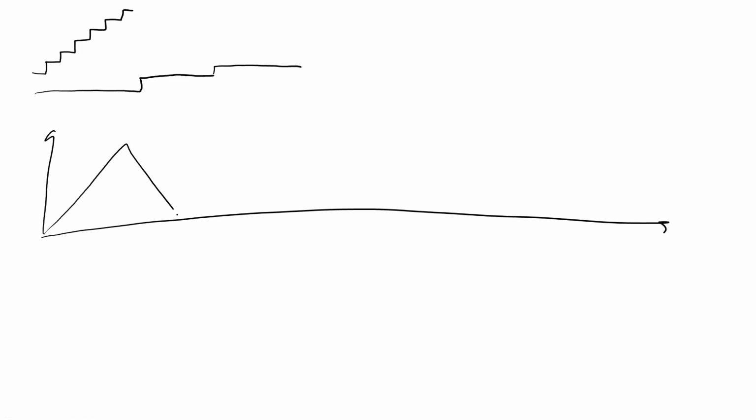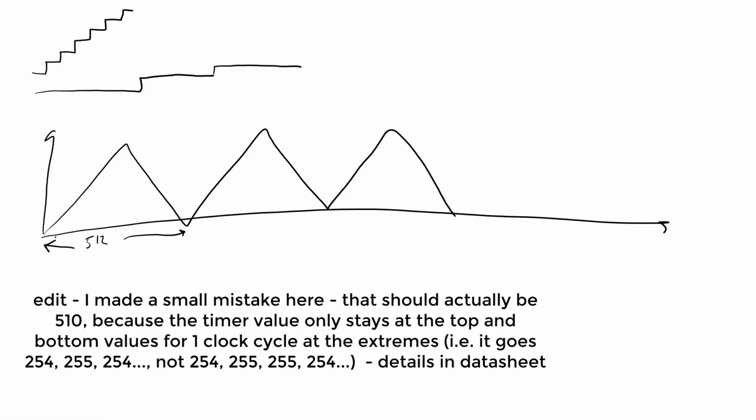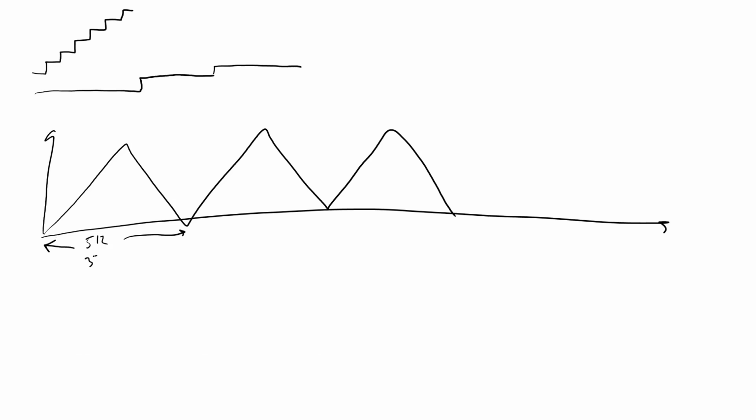So instead of counting up and back down to this, where this period is whatever I calculated earlier, rather than 256 to count all the way up to the top and then overflow, it's got a period of 512 clock ticks here. So if I do this real time, convert that 512 clock ticks times 62.5 nanoseconds, that gives me 32,000 nanoseconds or 32 microseconds for it to go up and back down.